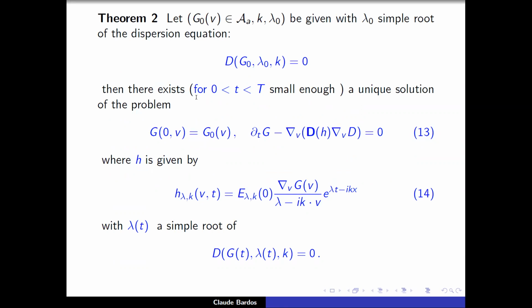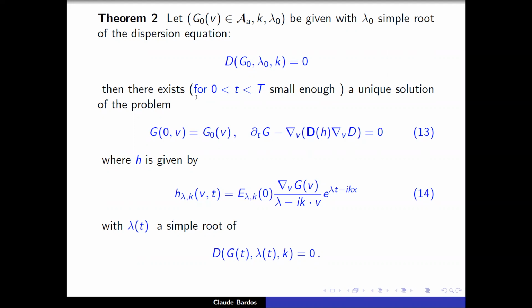I assume that g of v at time 0, the dispersion relation for the equation for g of v, I should write it down here, the dispersion relation for g of z 0, lambda 0 k has a smooth simple root.